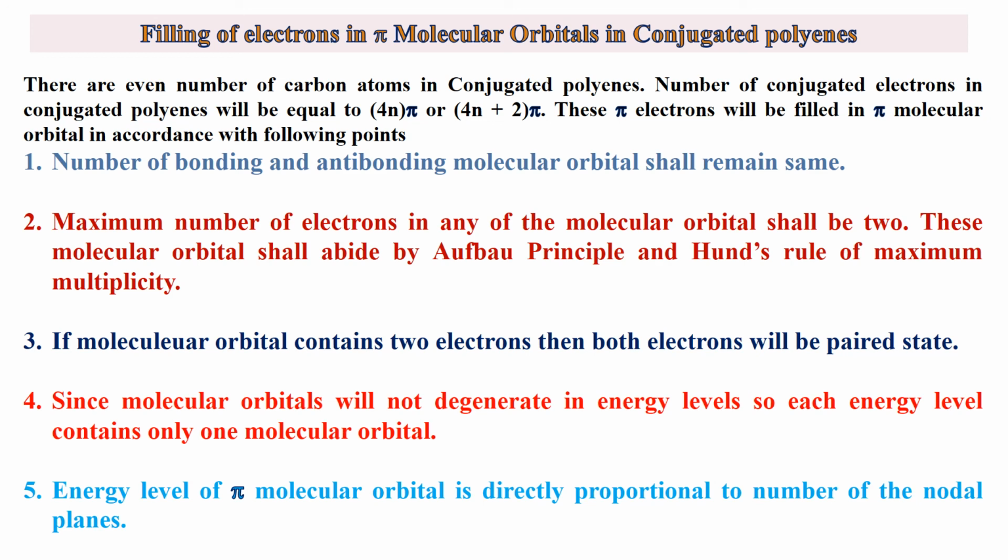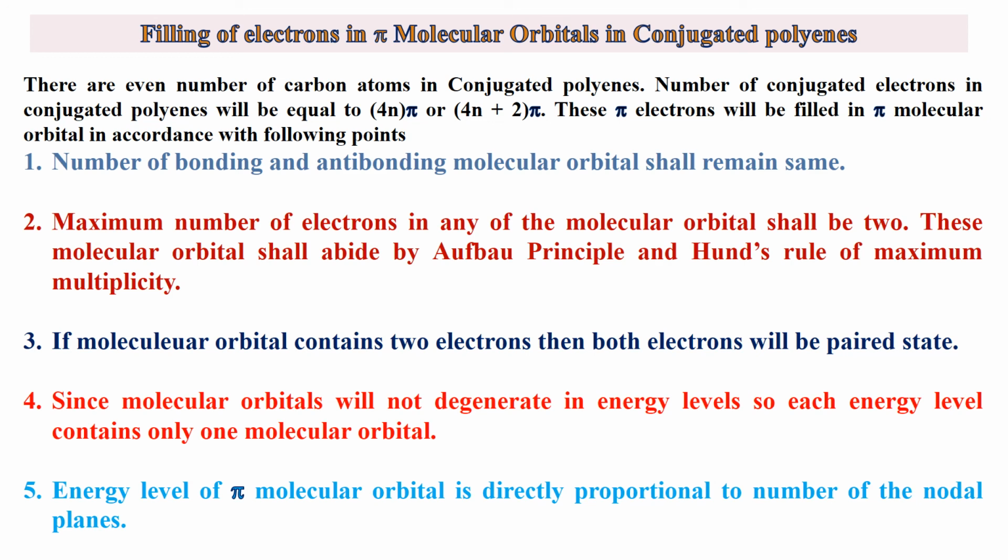These are some rules or some directions given for the filling of electrons in pi molecular orbitals in conjugated polyene. These rules you should remember. Generally they are not asked, but you should know while filling the electrons.